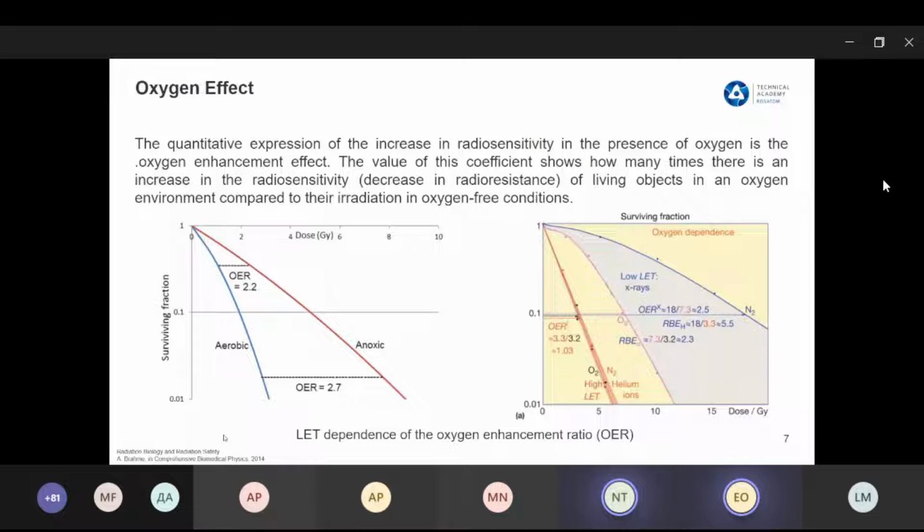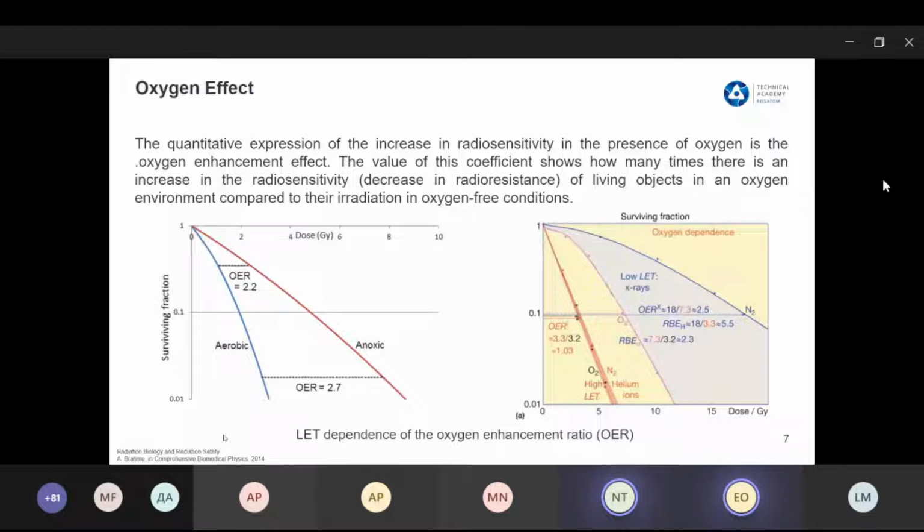It has been experimentally shown that the participation of oxygen in the realization of emerging potential damage occurs during radiation. The introduction of oxygen into a suspension of bacteria cultivated under anoxic conditions 20 milliseconds before irradiation enhances their damage.